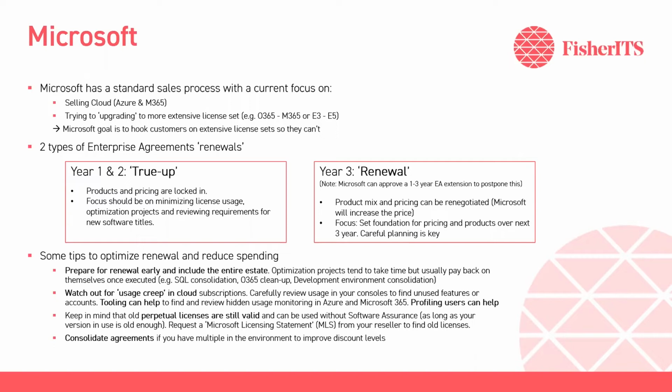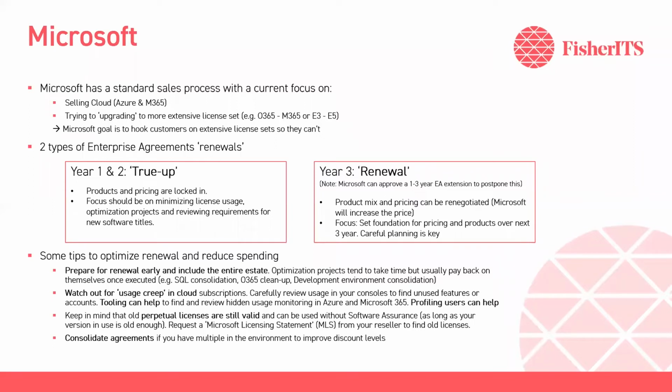The second point is, as we just mentioned, watch out for usage creep in cloud. It's very easy to keep adding on Azure, Microsoft 365. Your developers love spinning up new machines because that's what they need to do. But make sure there are some controls to limit that. And obviously something will still slip through, or if you did not have controls, it can be beneficial to review your consoles and have someone, even if it's one by one, go through those systems to try and find accounts that can be disabled.